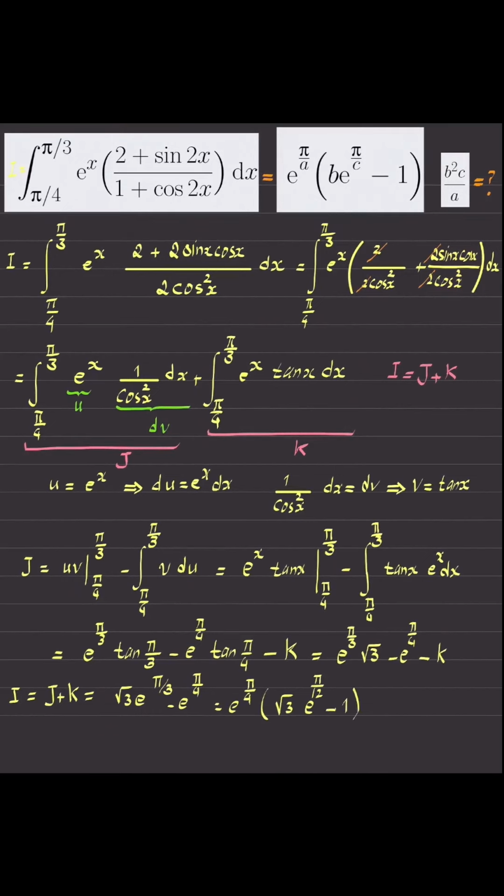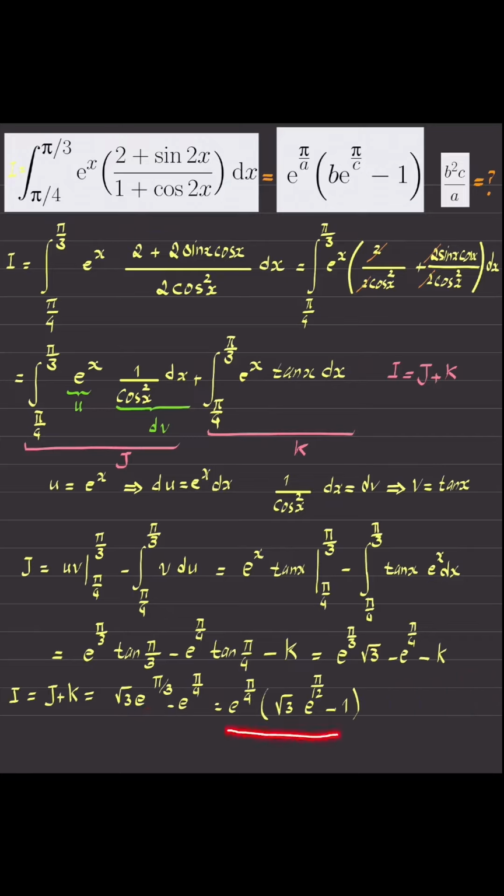Yes, so we can double check. If I multiply this back here, pi over 4 plus pi over 12 becomes 4 pi over 12, which is pi over 3, so that is correct. And when I multiply this here, that's also correct.